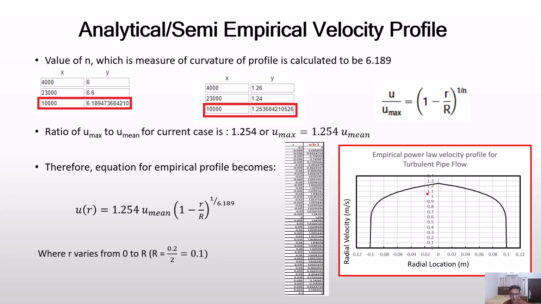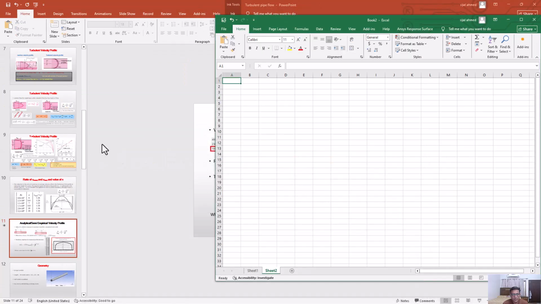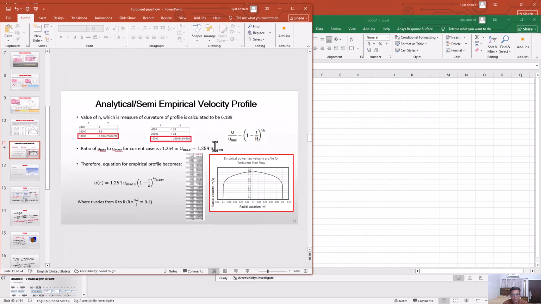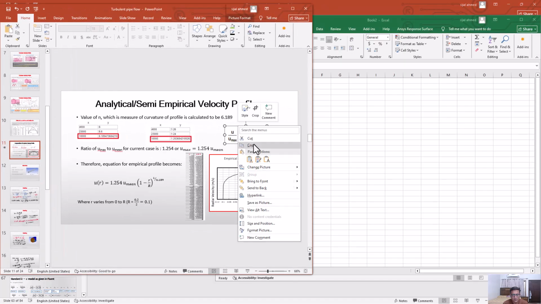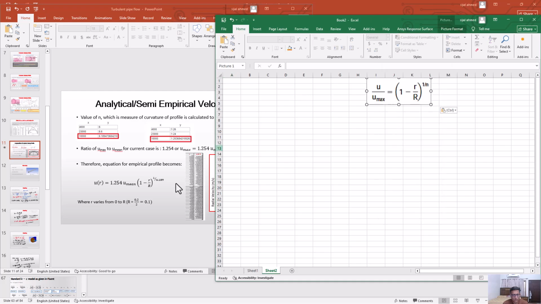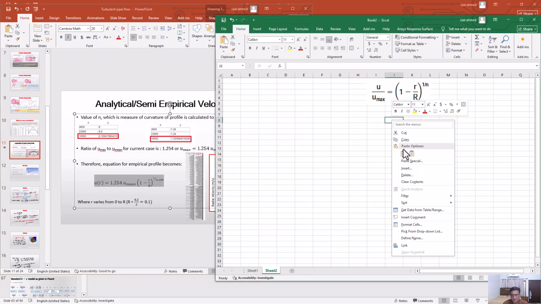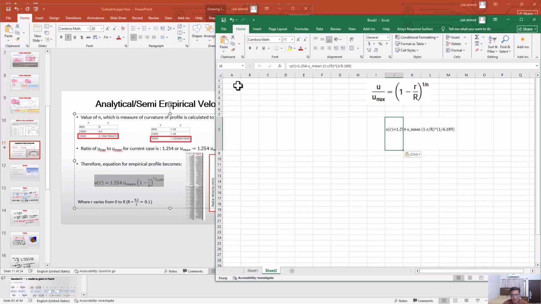Okay, and let me show you what I did in Excel. Here is the equation. Now I will be starting.